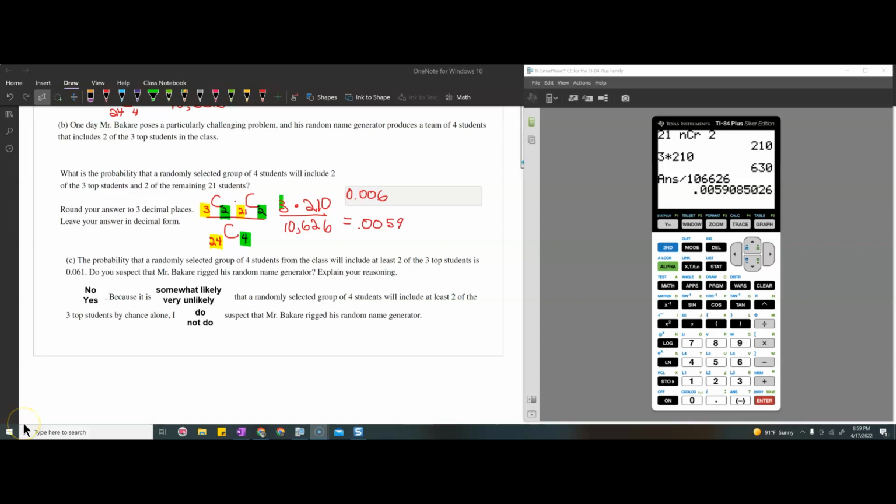Do you suspect that Mr. Beckray rigged the random name generator? Okay, remember our threshold for this was 5%. So if this is bigger than 5, which it is, okay, this is 6.1%, then it's very likely that this just happened by chance. Okay, there's no funny business or shenanigans going on.